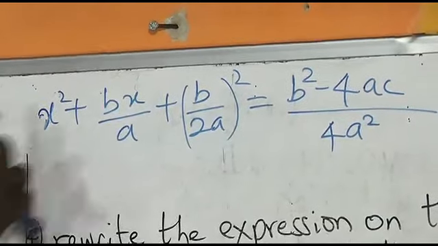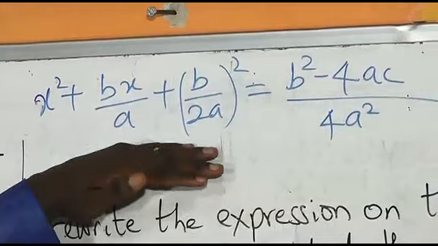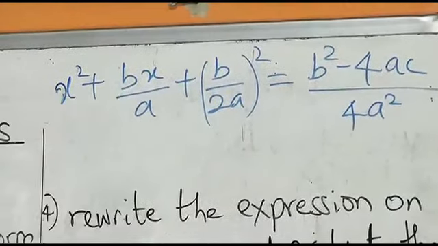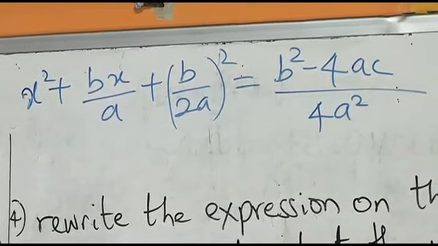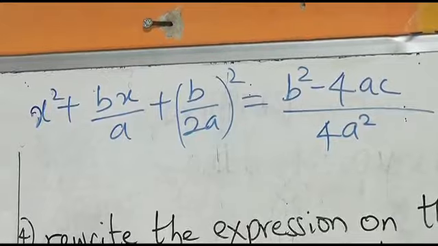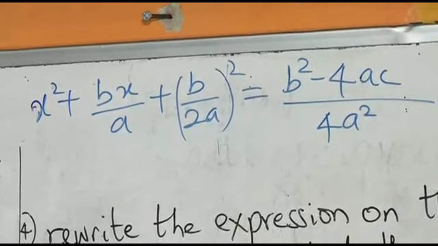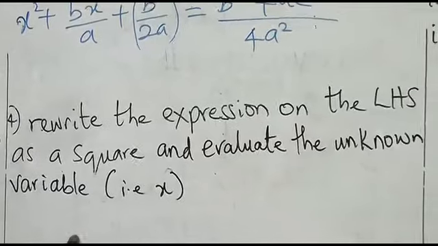Now, you notice that the expression on the left hand side can be written in form of a square, and that is what the next step is saying. The next step says that rewrite the expression on the left hand side as a square and evaluate the unknown variable.